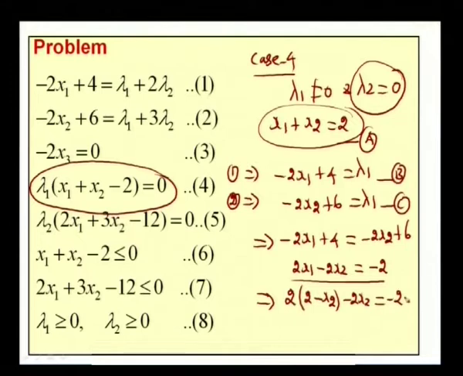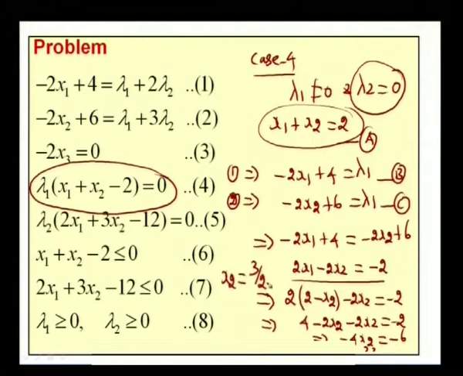Minus 2 x2 equal to minus 2. Now, we simplify this equation. It can be written as 4 minus 2 x2 minus 2 x2 equal to minus 2. So, from this we have minus 4 x2 equal to minus 6. Therefore, x2 equal to minus 6 by minus 4, which is 3 by 2.